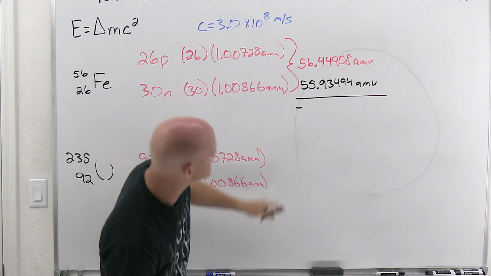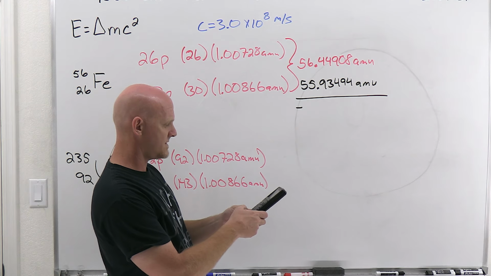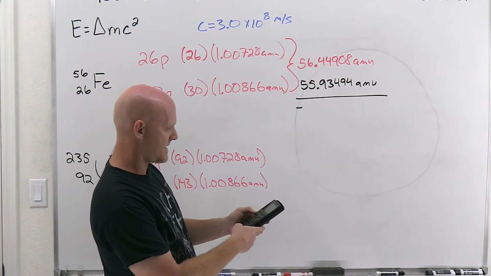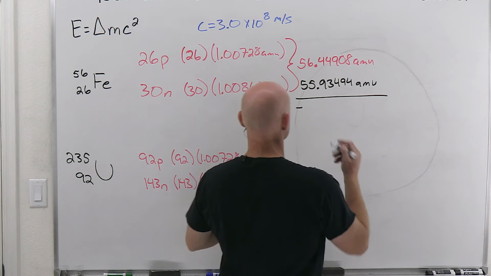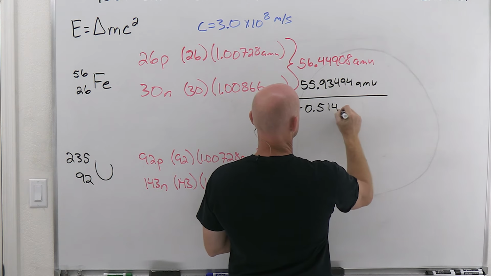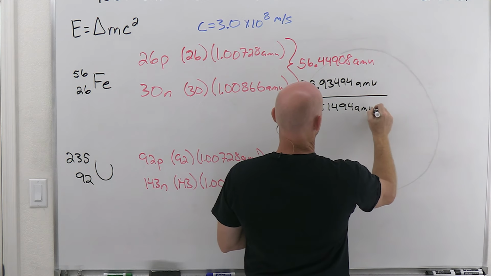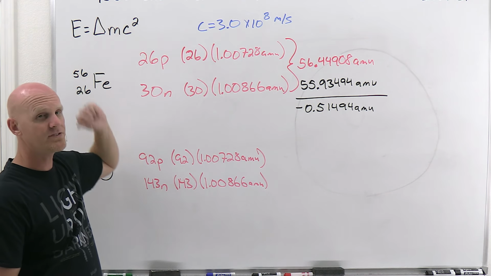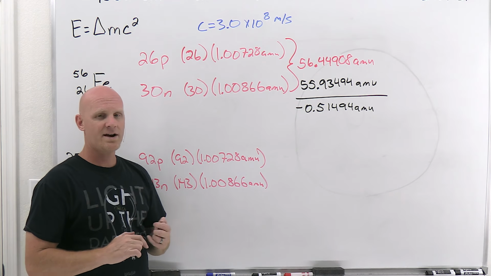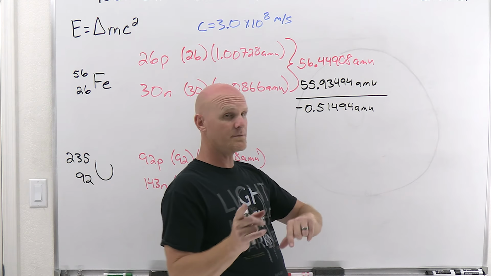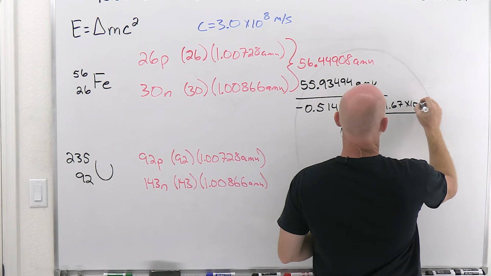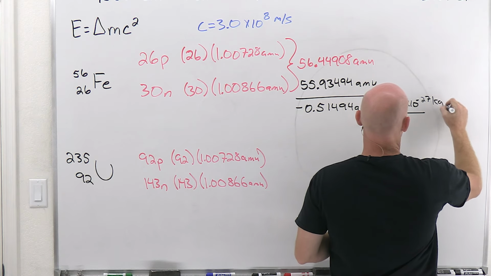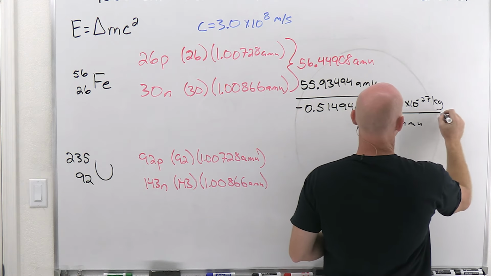Technically, this should come out negative because you should be taking the smaller minus the larger. But let's do this. We're going to take 55.93494 minus that last answer, and we're going to get negative 0.51414. Again, it's negative, and that's proper for a mass defect, but we're not going to plug in the negative; we're just going to plug in the absolute value for delta M. Just like last time with nuclear reactions, we have to convert from AMUs to kilograms first, so we'll multiply this by 1.67 times 10 to the negative 27 kilograms per AMU.